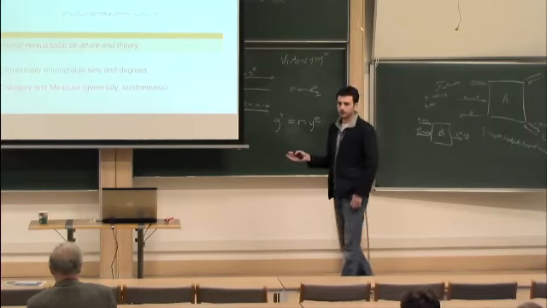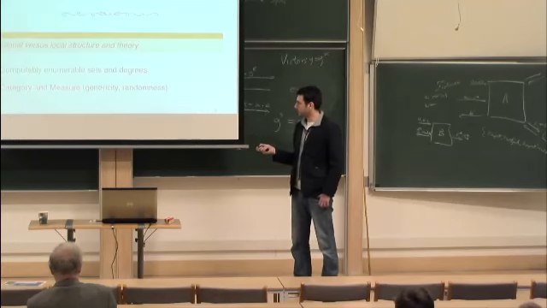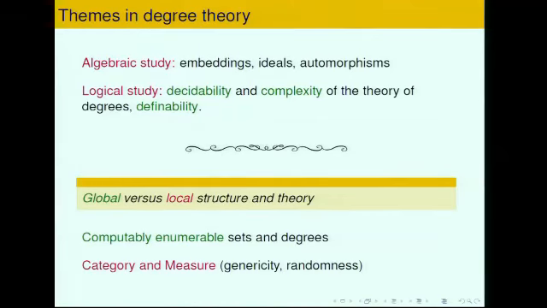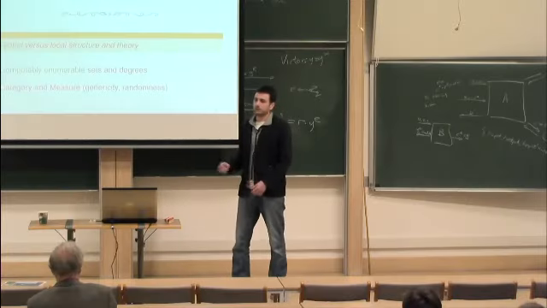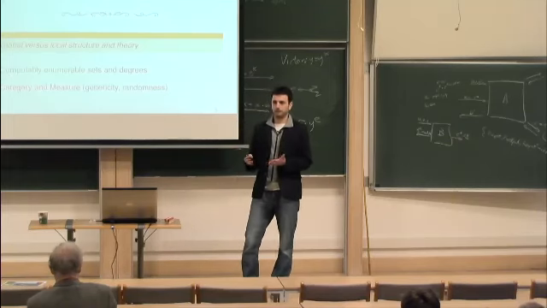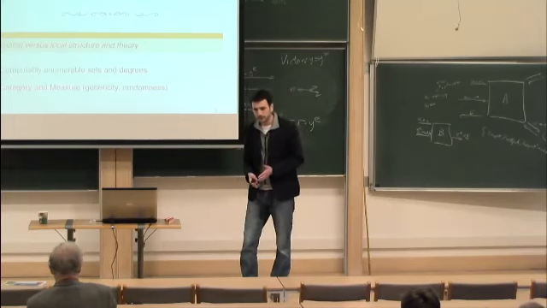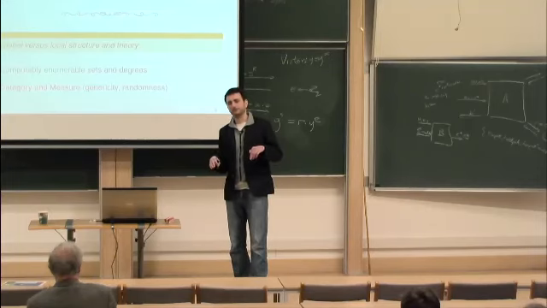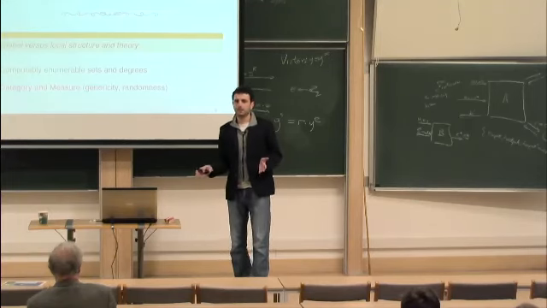The first arguments in degree theory, the post-Kleene arguments, were bare category arguments, initial segment constructions, where basically the idea about both category and measure, especially measure, is that instead of constructing a degree with specific properties, you just show that the class of degrees with that property is very big.